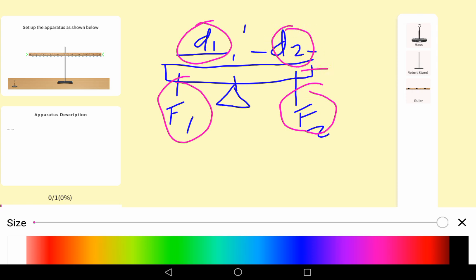That is only when the system is balanced, in equilibrium, meaning F1 multiplied by D1 is going to be equal to F2 multiplied by D2.